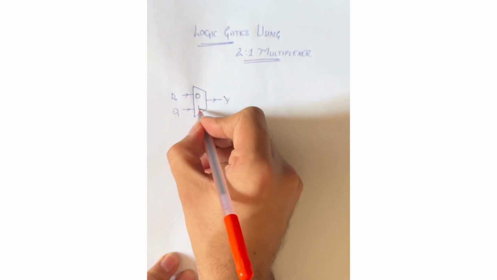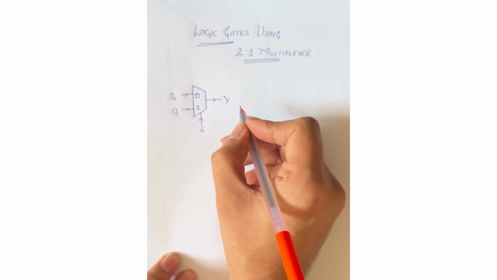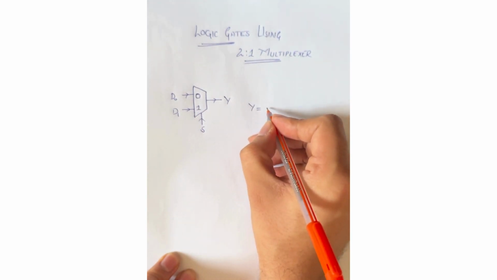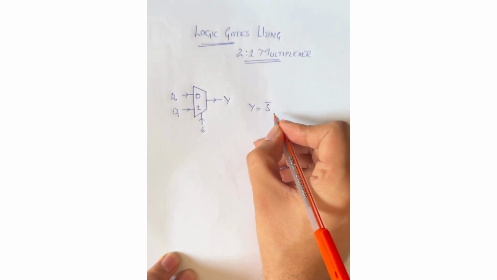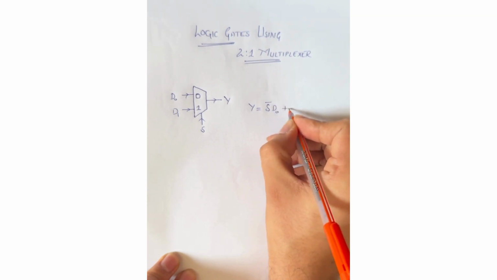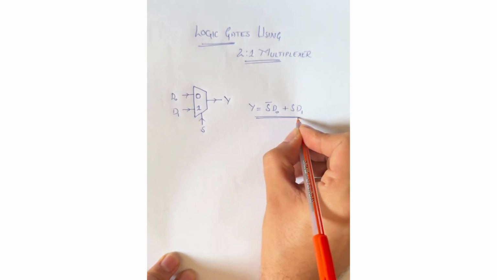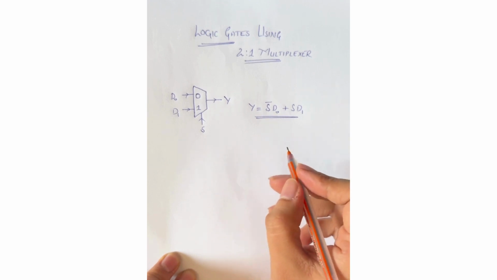If my selection line is 1, then D1 appears at the output. We can also write it in Boolean form as Y equal to S bar D0 plus S D1. So this is the Boolean expression for a 2:1 MUX.